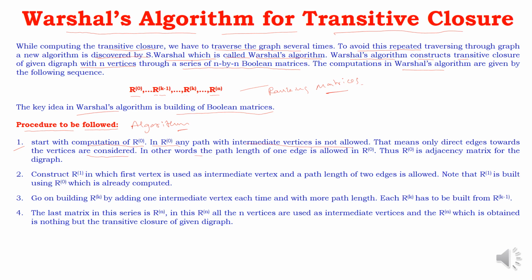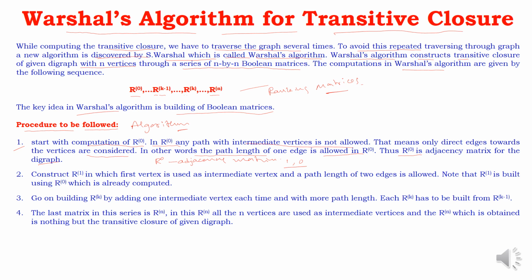In other words, a path length of one edge is allowed in R0. Thus R0 is nothing but the adjacency matrix of the digraph. If there is an edge, we represent it with 1. If there is no direct edge, we represent it with 0. Either 1 or 0.